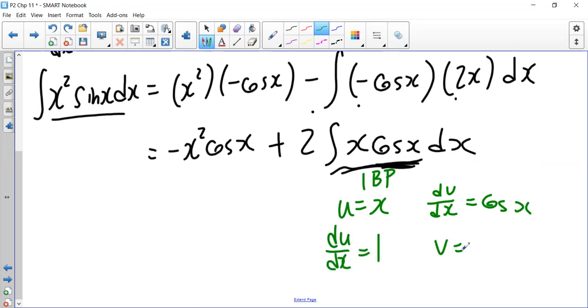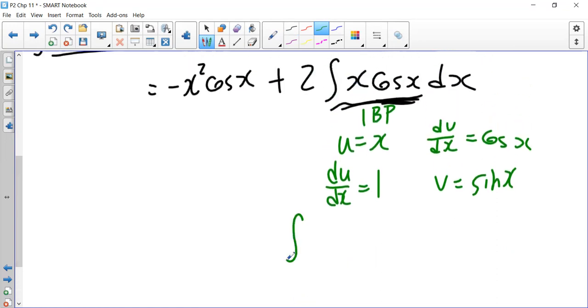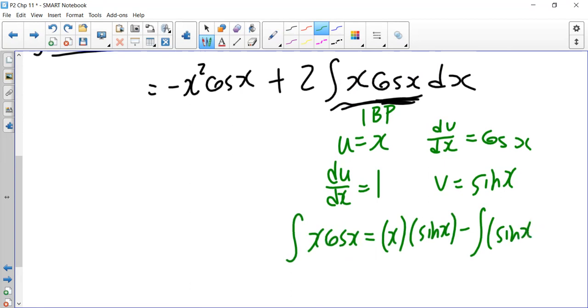Next, we can integrate cos x, which is sin x. Now, don't ask me why u is x. If you do have to, ILATE rule. Next, we can rewrite the question using the formula: integral of x cos x equals uv minus integral of v du by dx.